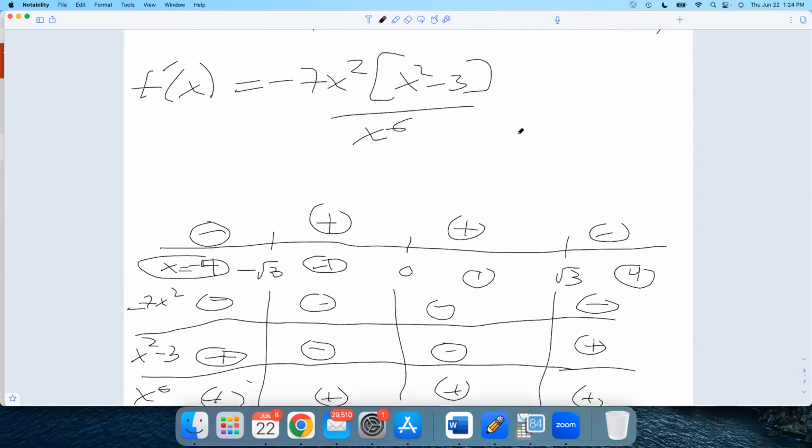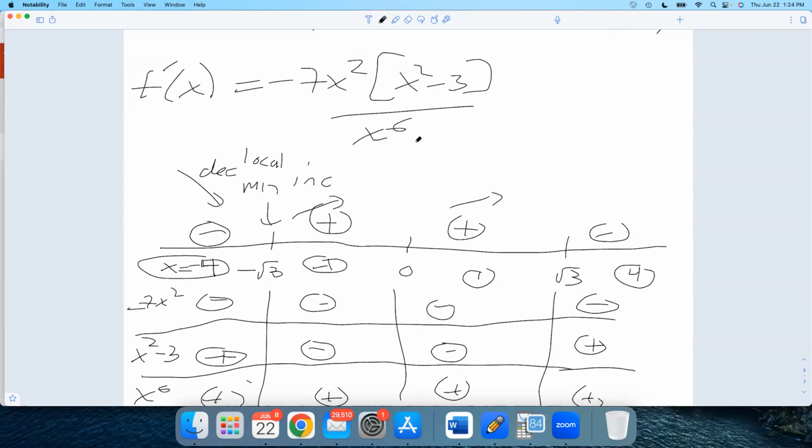All right, now let's look at what these mean. My graph is going down here. We're decreasing because I have a negative derivative, and we're increasing here. That makes me think I have a local min right there. On this region, we're still increasing.